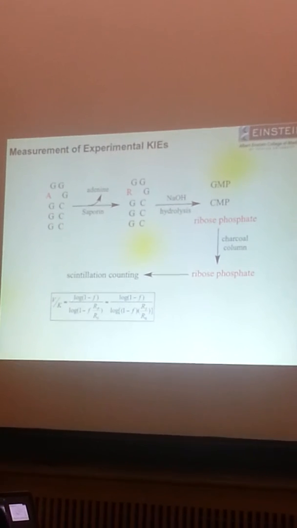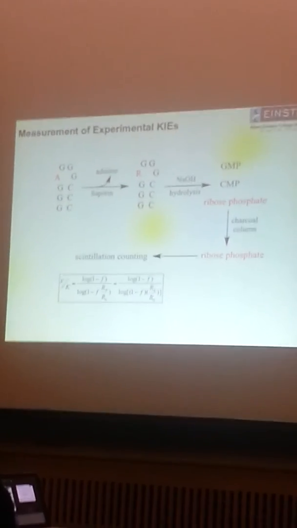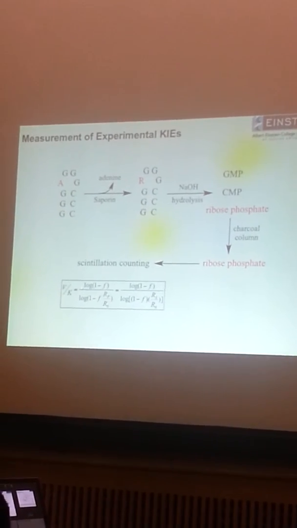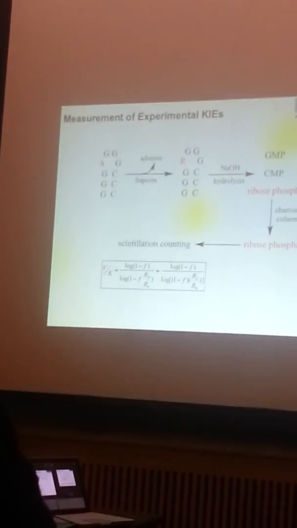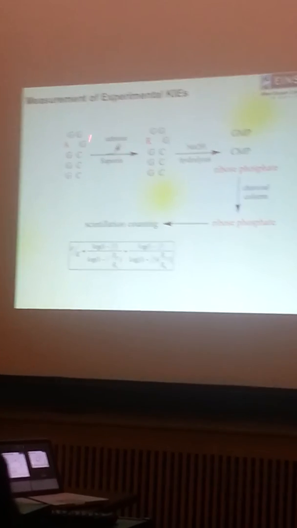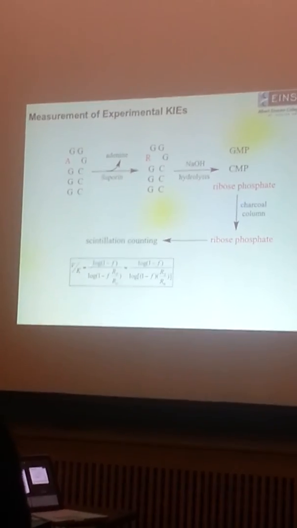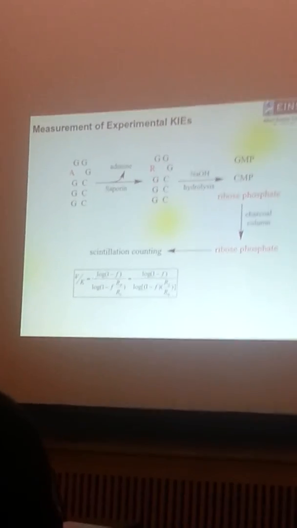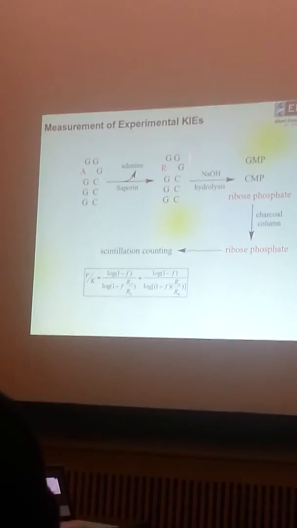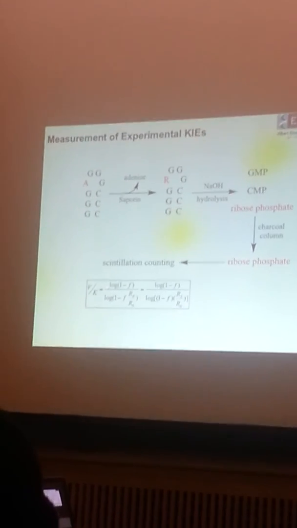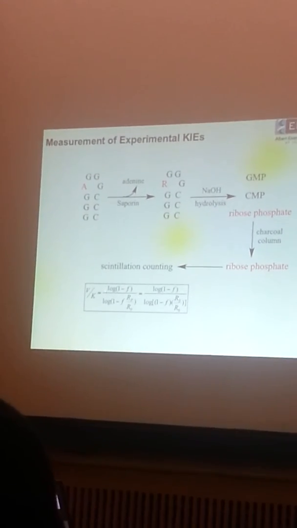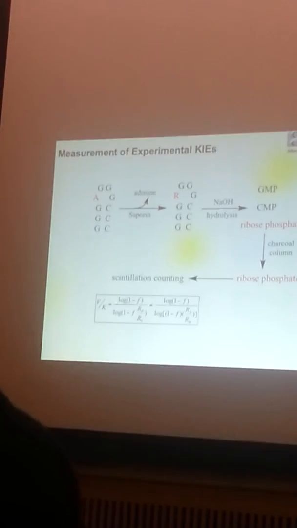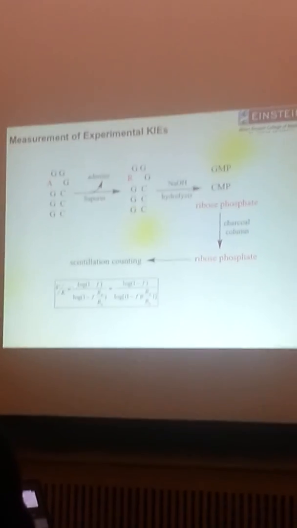And so when you measure the KIE, you put the radio-labeled substrate and the non-radio-labeled substrate together, and then the enzyme will remove the adenine. After you quench the reaction, you can degrade the product with the base, and then you have the GMP, CMP, and also the adenine, and also ribose phosphate.